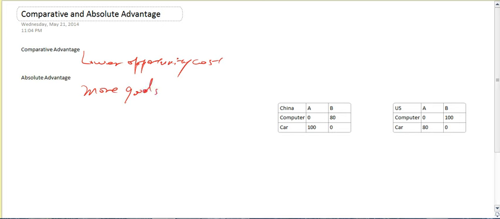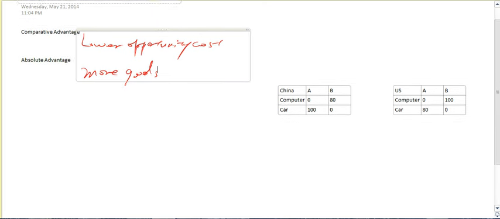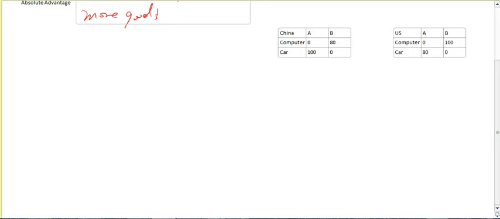Now, let's look at this example over here. We have two economies, China and the US, and each economy has two productions, either computers or cars. Before looking for the comparative advantage, let's look at the absolute advantage first. Absolute advantage is about whichever country can produce more of whichever good.